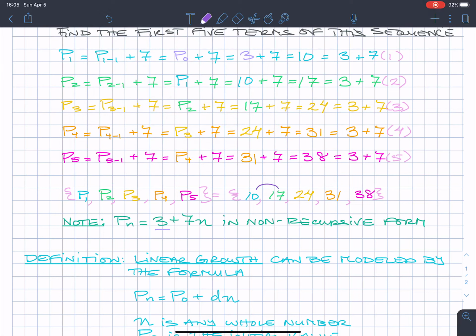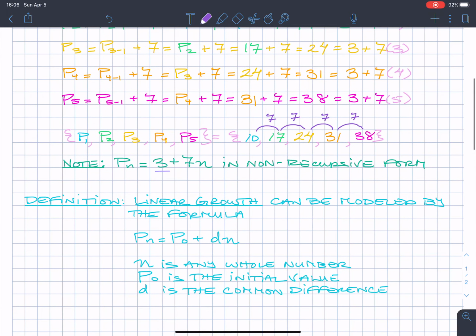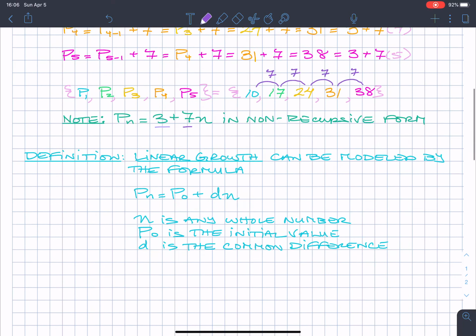Well, to go from 10 to 17 is 7. To go from 17 to 24 is 7. To go from 24 to 31 is 7. To go from 31 to 38 is 7. So the difference between each term is 7. That's what I have here. And then n would be the counting number.